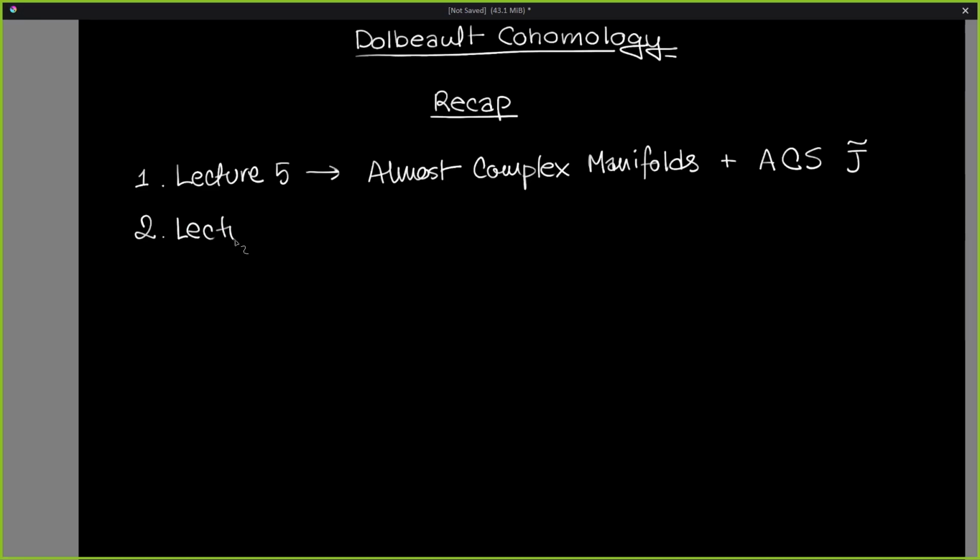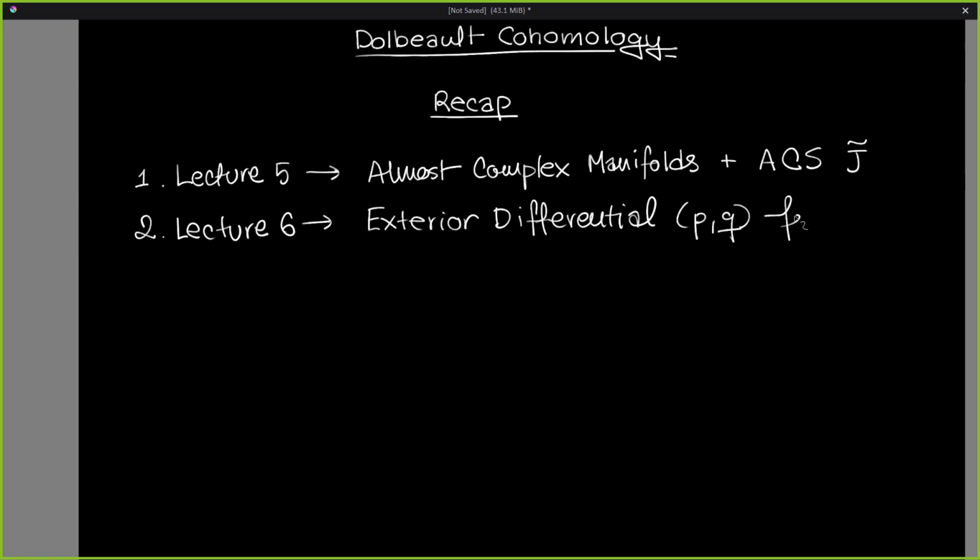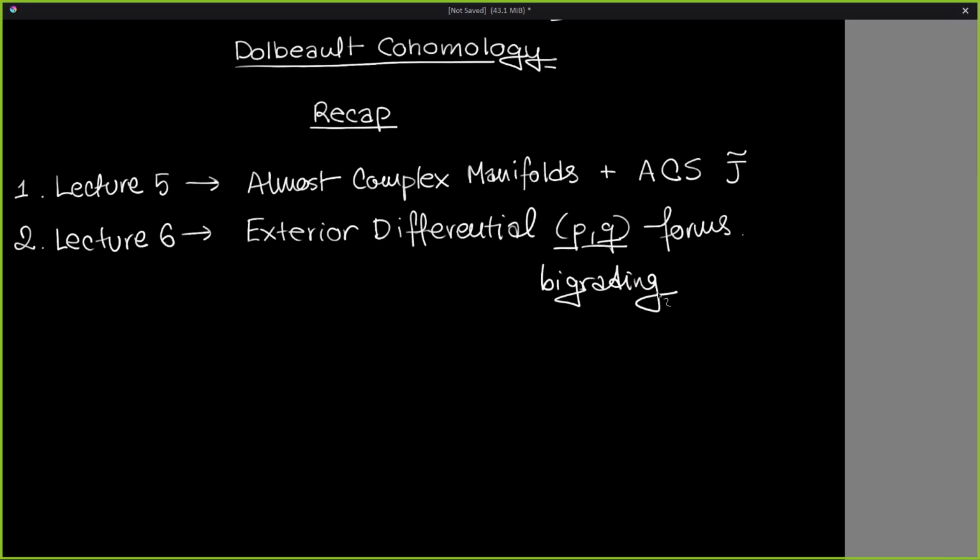In lecture 6, we looked at these tools called exterior differential forms, exterior differential PQ forms. We established that on any almost complex manifold, you get this bigrading. It's called a bigrading because P is a grade and Q is a grade, unlike real forms which only have one grade.